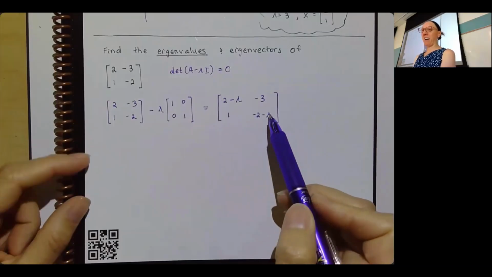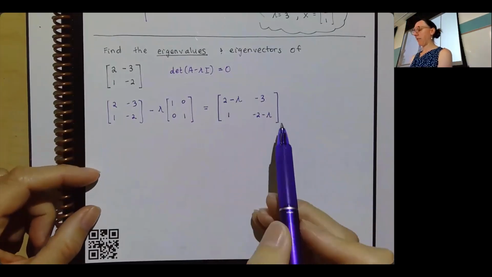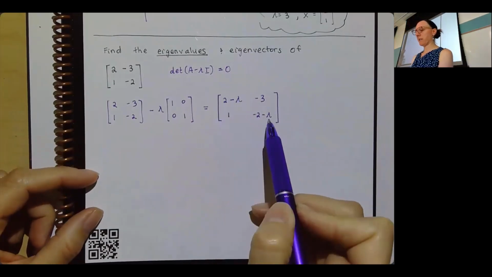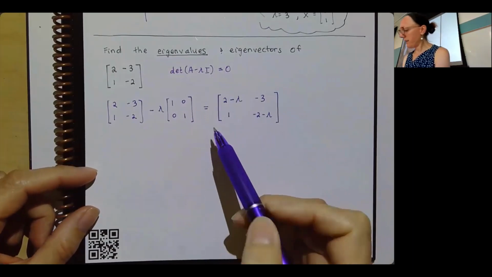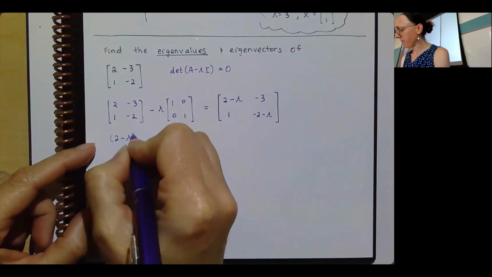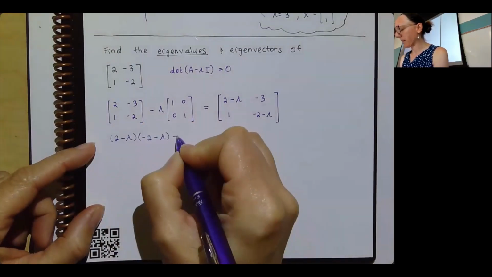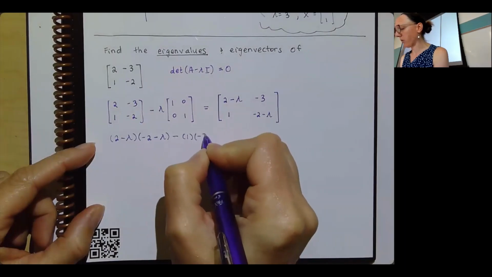Here's my A minus lambda I matrix. And if I take the determinant of that, I'm looking at 2 minus lambda times -2 minus lambda, minus 1 times -3.